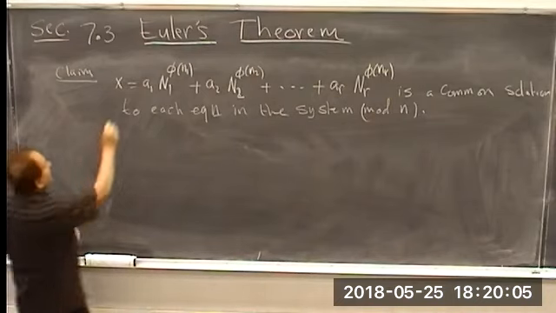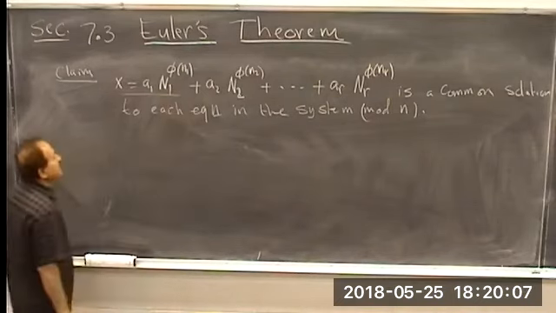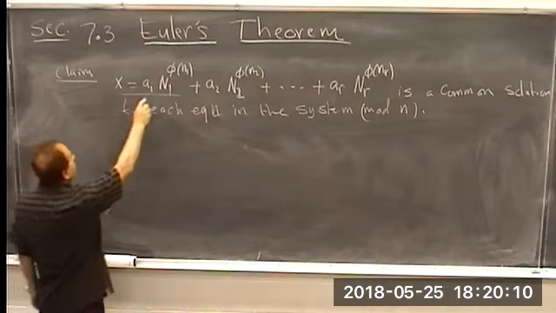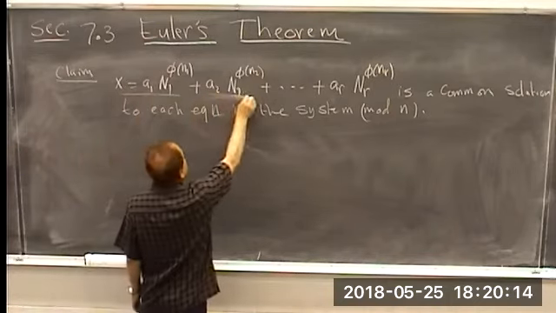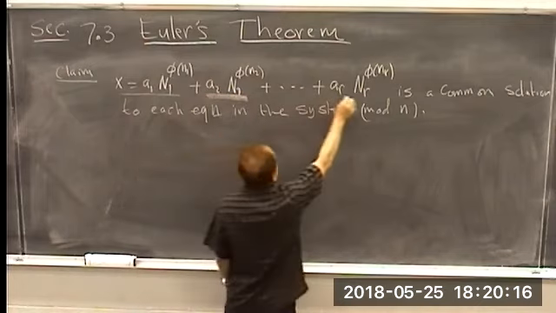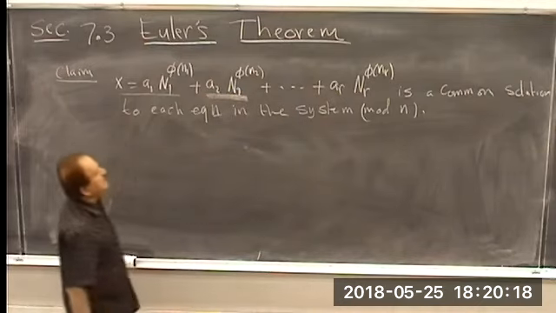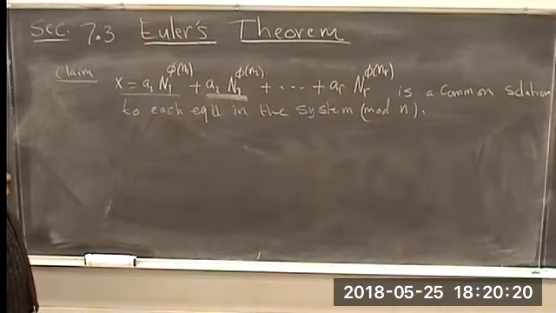Now let's prove this claim. This is x, and I want to show this. If you take each one of these terms, it is congruent to 0 mod n1.